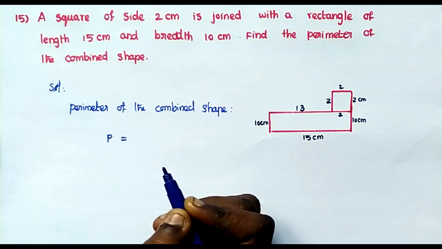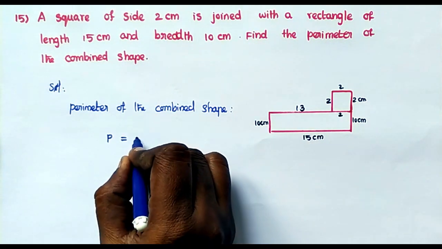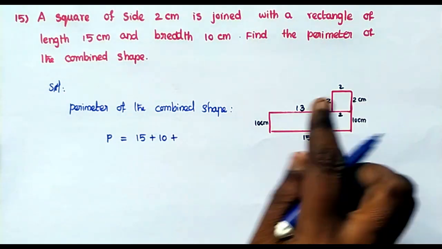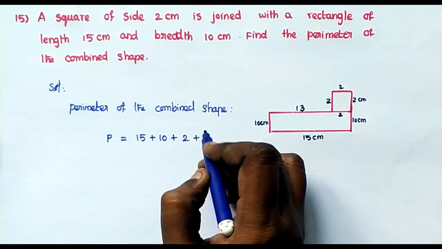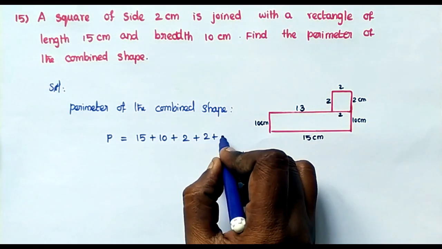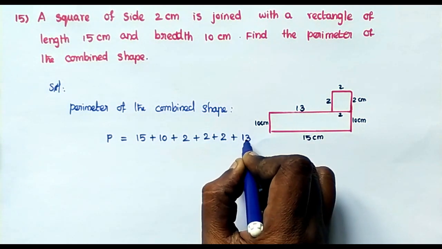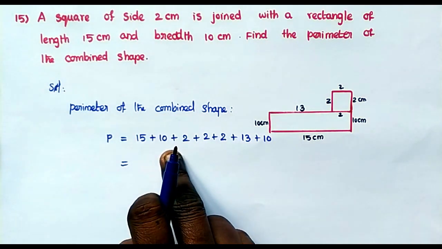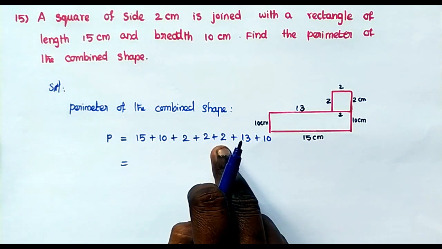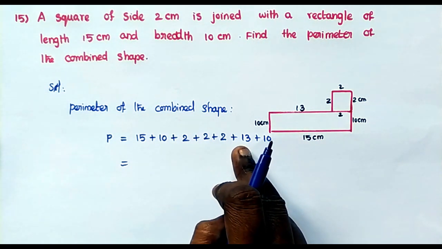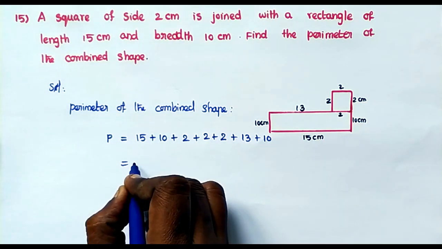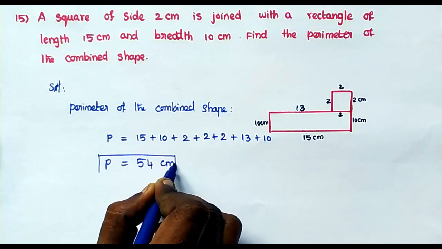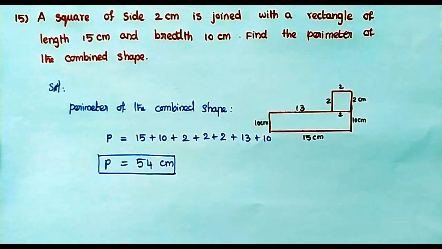P equal to, add this one first, 15 plus 10 plus 2 plus again 2 plus 2 plus 13 plus 10. 25, 27, 29, 31, 41, 44, 54. So 54 centimeter is the perimeter of the shape. That is the answer.